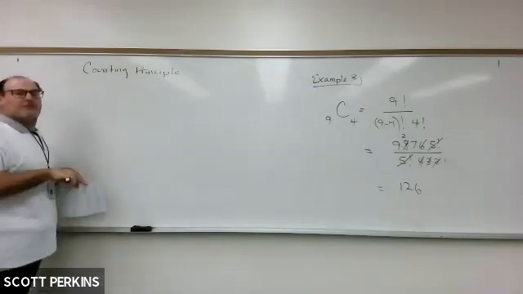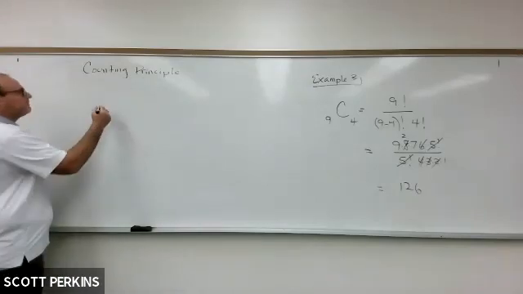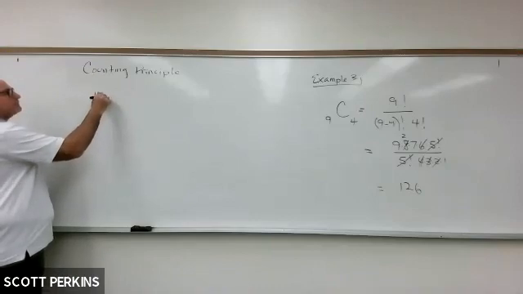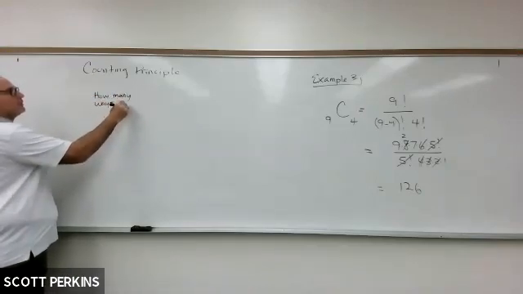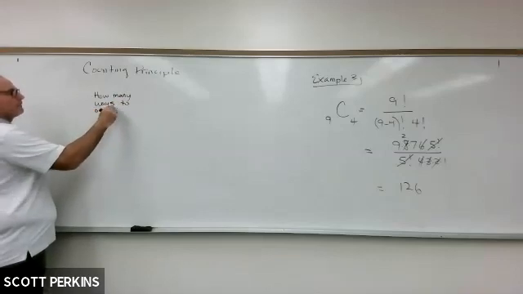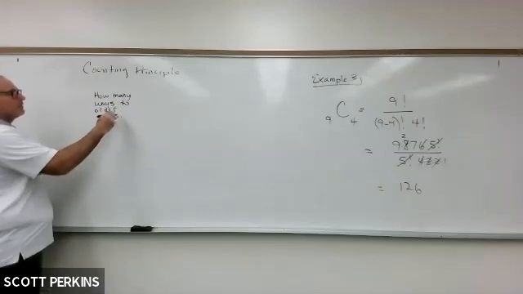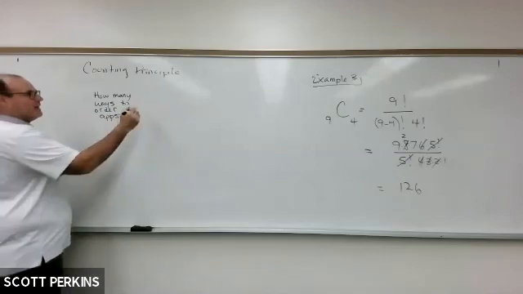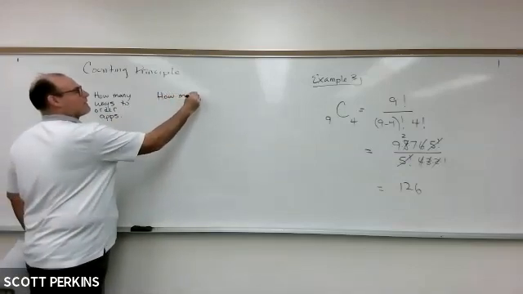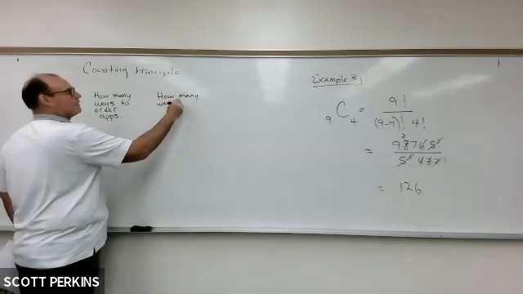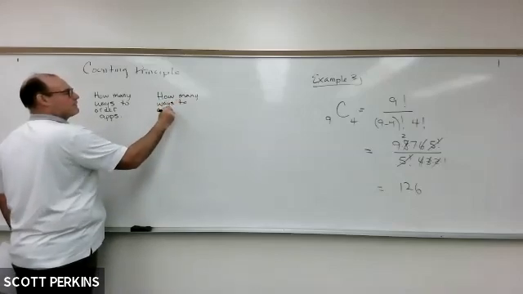What we're going to do to figure out the total ways to order dinner is we're going to first figure out how many ways to order the appetizers. We'll abbreviate that. And then we need to figure out how many ways to order dinner.